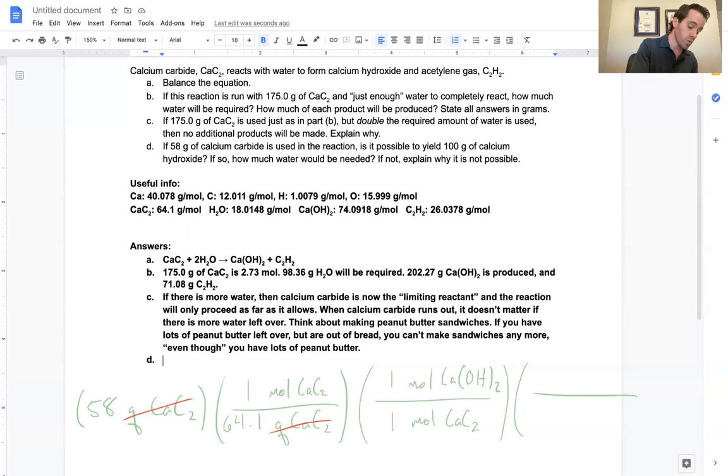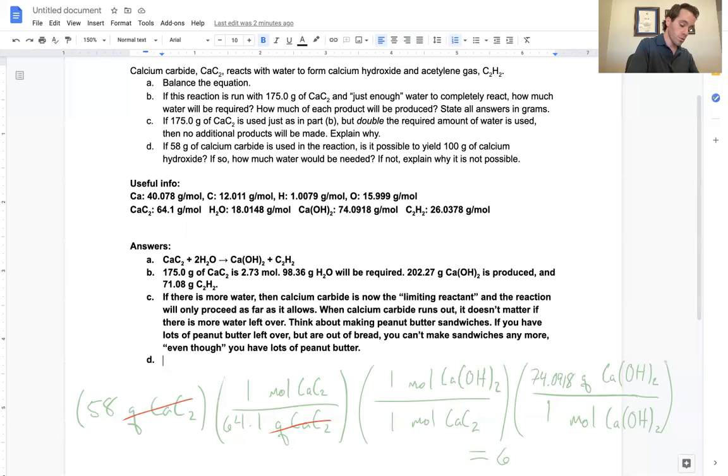Well, I'm going to put moles of calcium hydroxide on the bottom here, and then convert that into grams. For this I'm going to use the molar mass, which is 74.0918 over 1. When I perform all these multiplications and divisions, I'm going to get 58 times 74.0918, and then divided by 64.1.